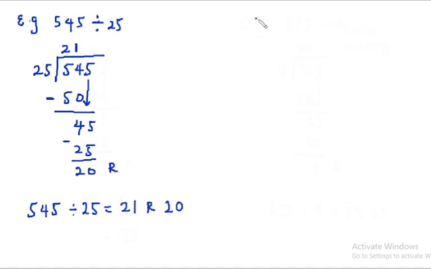So let's take another two-digit divisor example. In this example, we have 562 divided by 20. So from here we have 20 and then the division sign of 562. So we ask ourselves, how many times does 20 go into the first number here?